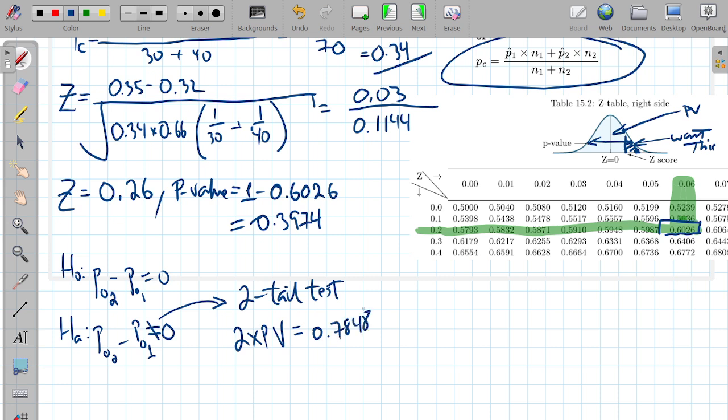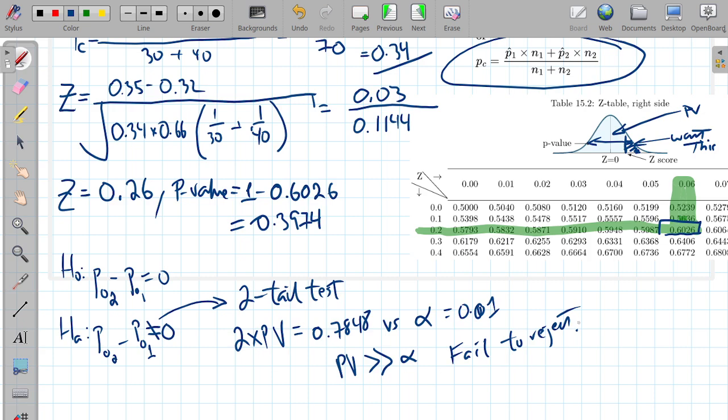Now, you've got to compare that to alpha. Well, alpha is 1%, so yeah, this is huge. So since the p-value is much larger than alpha, we fail to reject the null hypothesis. As far as the data is concerned, there's no real difference in survival rates here.